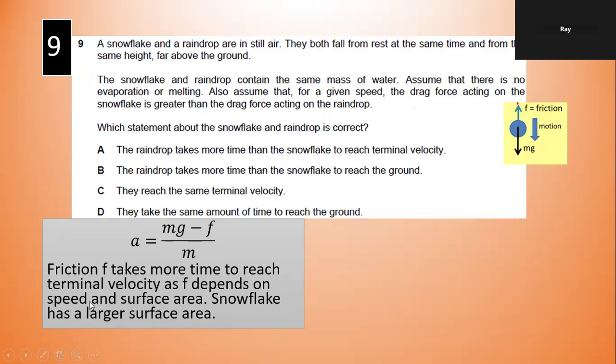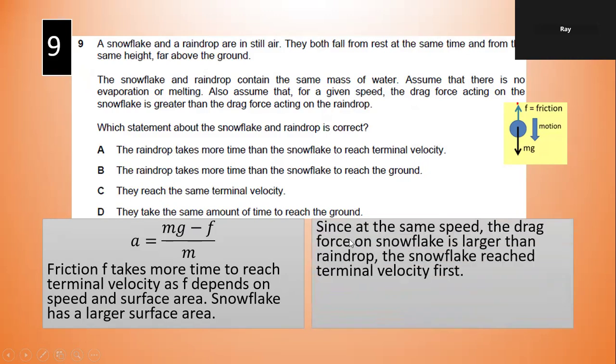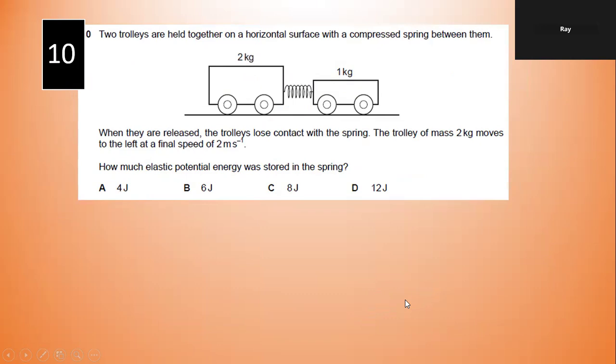Two things, speed and surface area. Snowflake has a larger surface area. Since at the same speed, the drag force on the snowflake is larger than raindrop, the snowflake reaches terminal velocity first. Okay with that? A, good. How about this one?